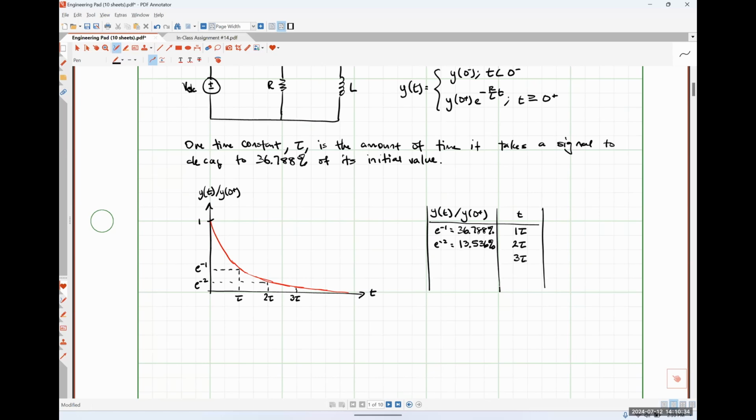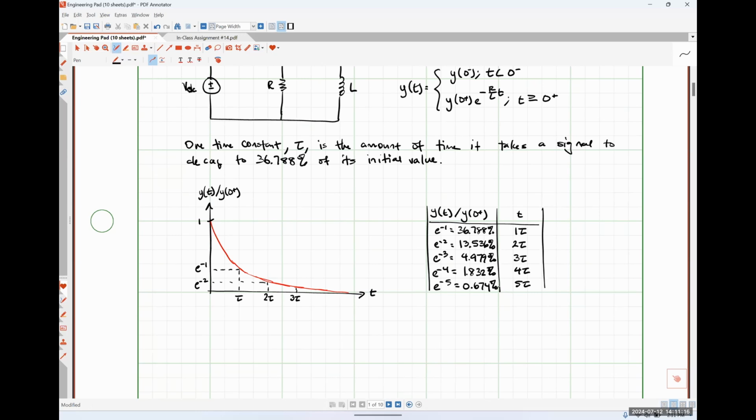At 3 time constants, we're at 4.979%. At 4 time constants, we are at e to the minus 4, or 1.832%. And at 5 time constants, we're at e to the minus 5, which is 0.674%.